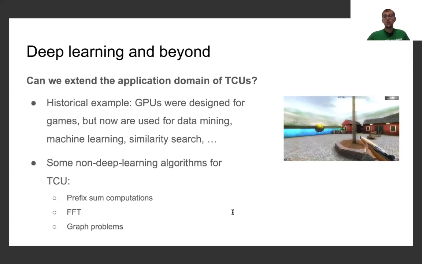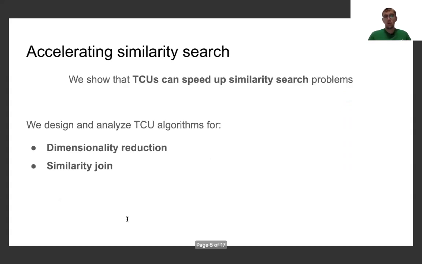There are preliminary results in this direction that use TCUs for speeding up prefix sum computations, FFT, and graph problems. What we would like to achieve in this paper is to show that we can speed up similarity search problems using Tensor Core Units. And we start with two primitives of similarity search: dimensionality reduction and similarity join.